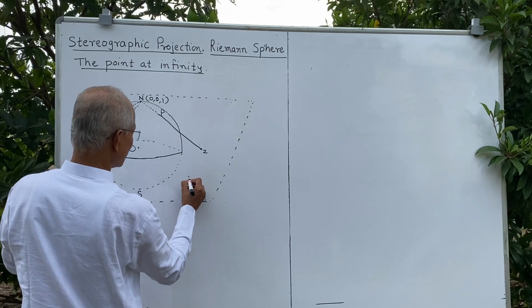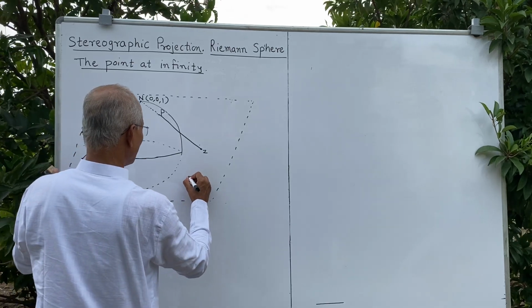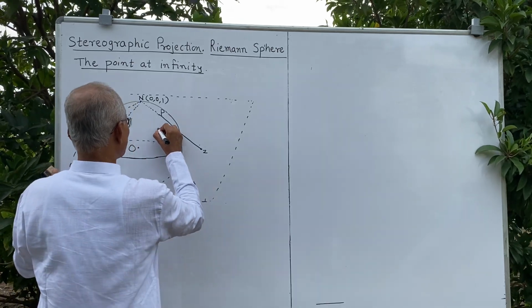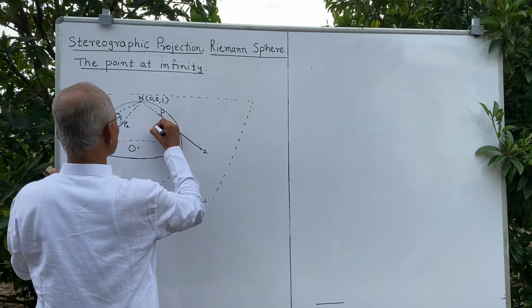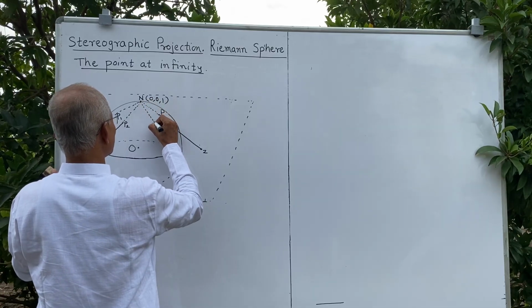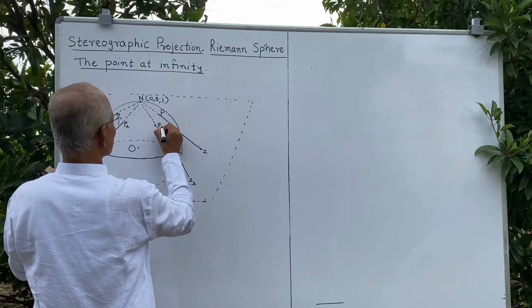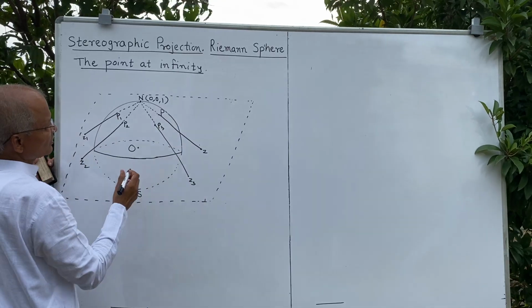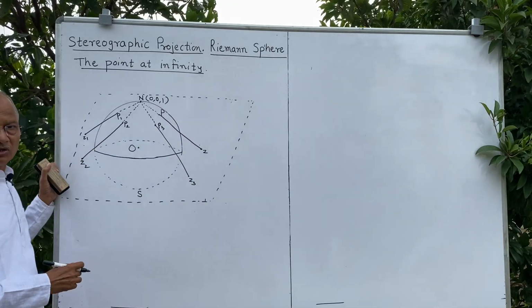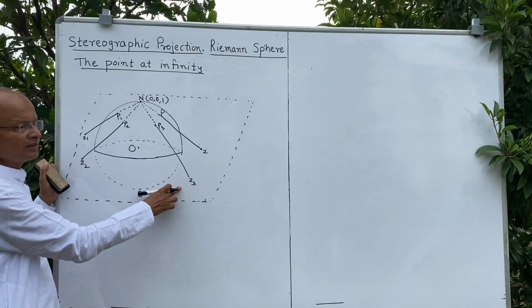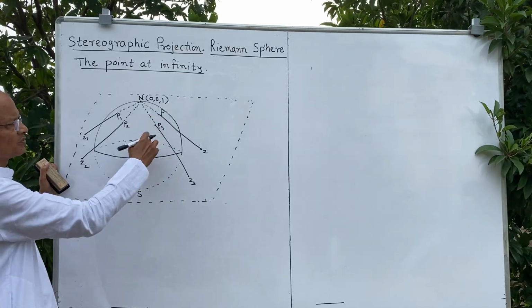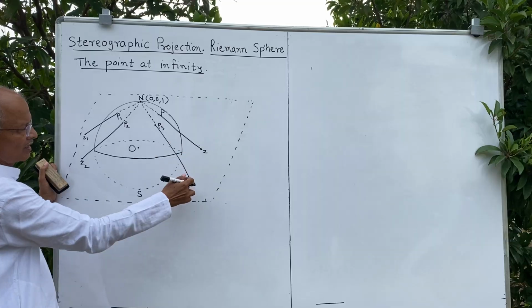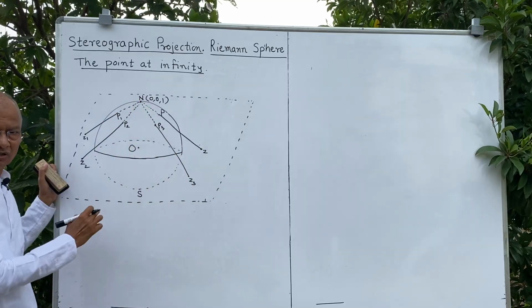If this is z3, we may draw a line passing through z3 and joining the north pole, and this is P3, and so on. Thus corresponding to every point z in the plane, there is a point on the sphere which meets the line joining the point and the north pole.